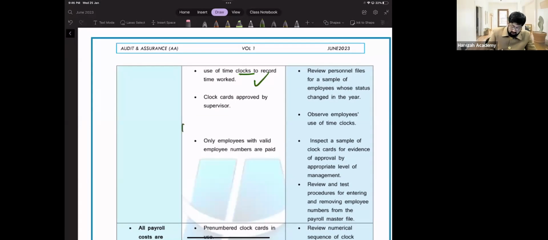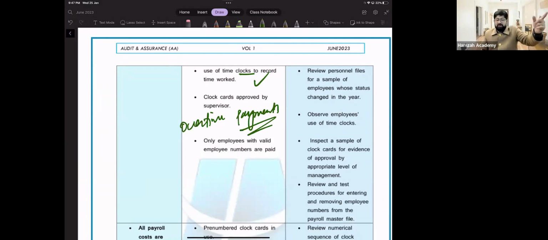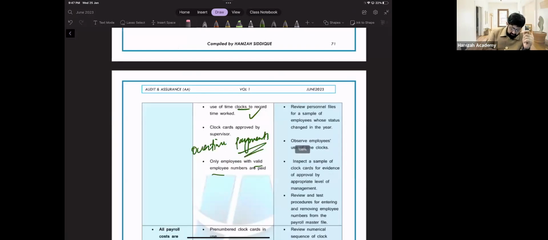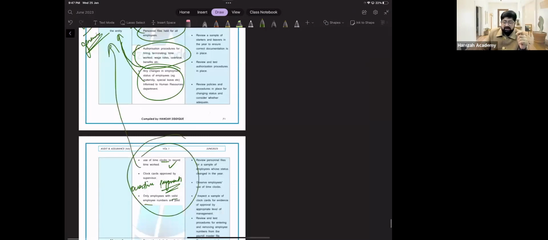Clock cards or overtime payments must be approved by supervisor, then should be paid. Valid employee number should be issued to employees, and only those employees should be paid. You see, these objectives are being achieved.